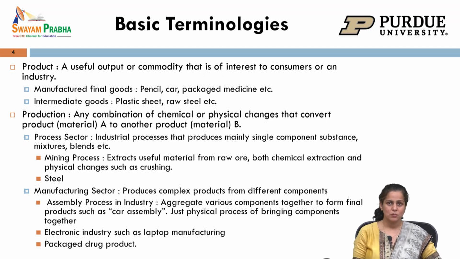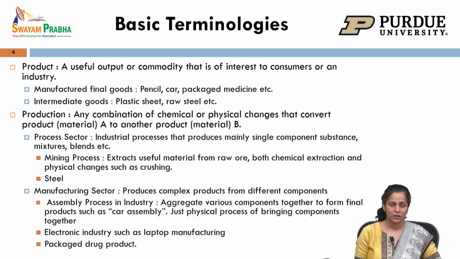So, in this what you notice is that there is no transformation of material A to material B, there is no chemical transformation, but what the industry does is it brings together different components and assembles it into a final product that the consumers use. Of course, in this process itself, there are a lot of different aspects that happen.